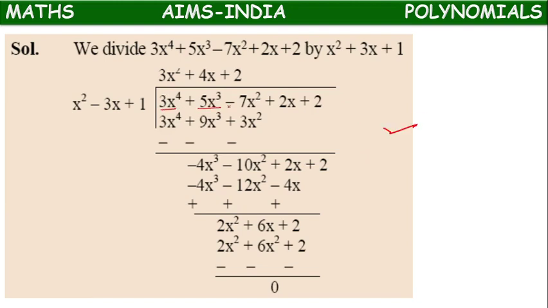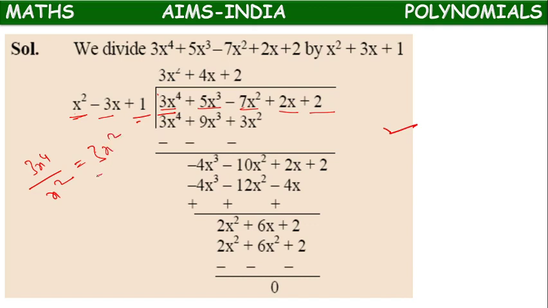3x power 4, 5x cube minus 7x square plus 2x plus 2, divided by x square minus 3x plus 1. So 3x power 4 by x square, first term by first term. So x square cancel, 3 will be like that only.